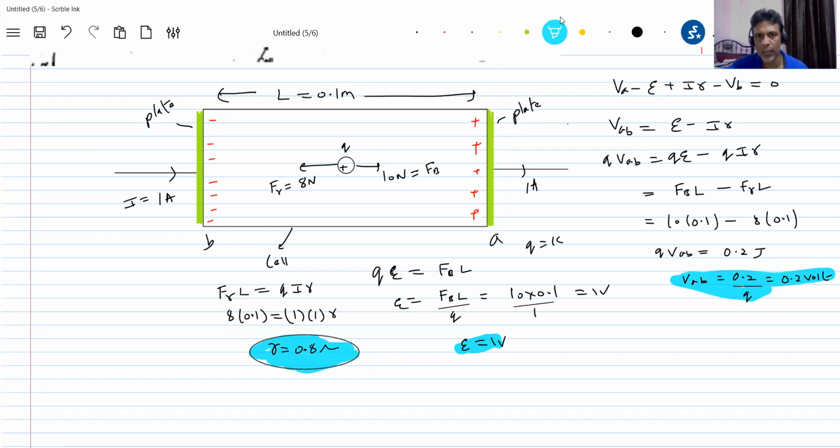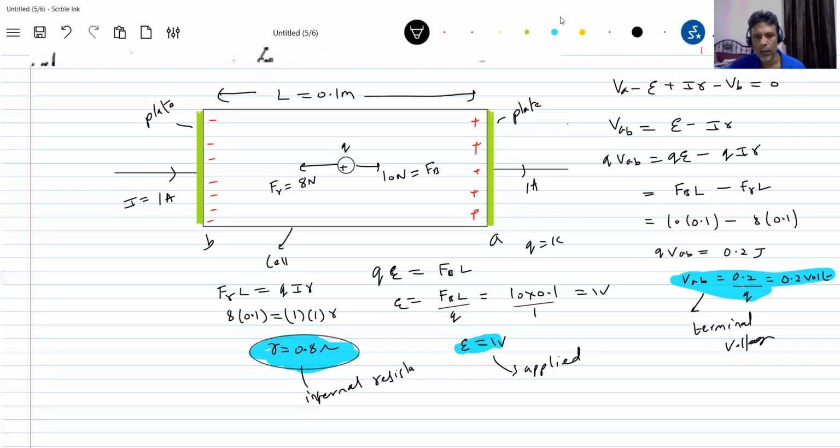I'll write down all the things: terminal voltage, applied EMF, internal resistance. Okay, let's go for the grouping of cells concept.